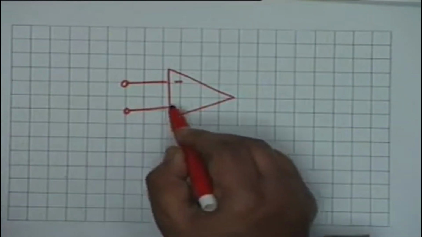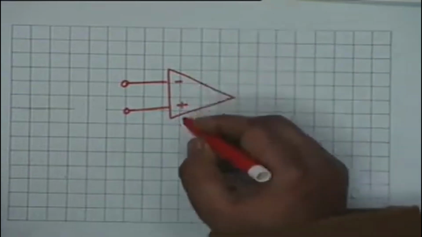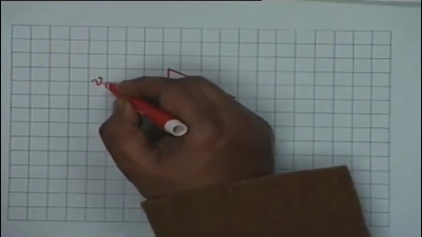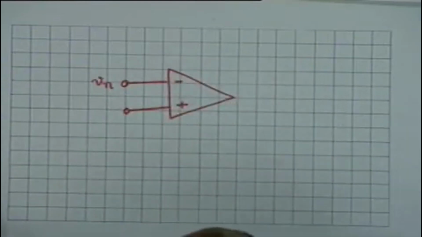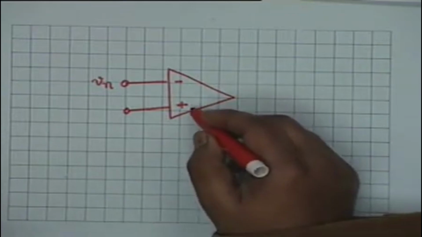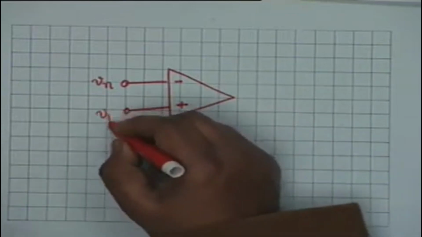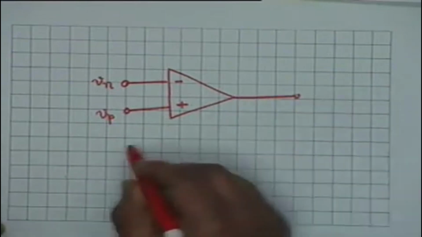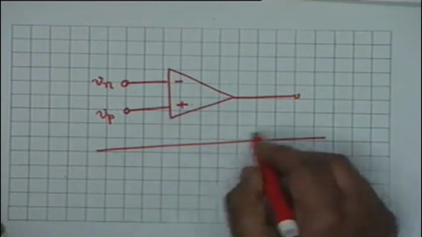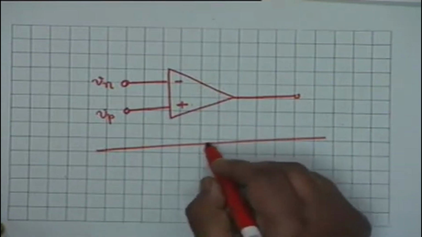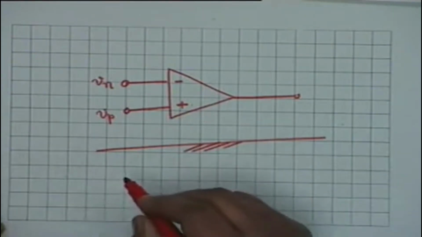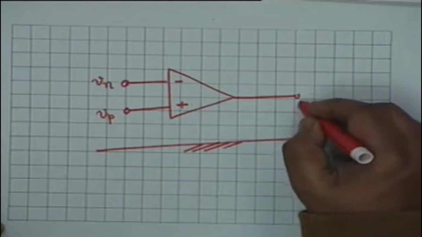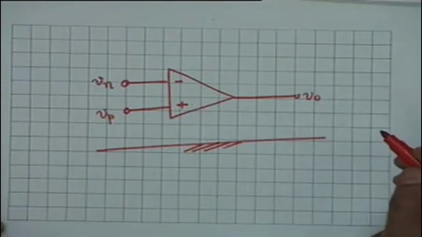We have 2 terminals: an inverting input terminal, to which let us say we apply a potential Vn, a voltage Vn, and a non-inverting input terminal to which we apply a potential Vp, and all these potentials are measured with respect to some ground, and the output voltage is V0.